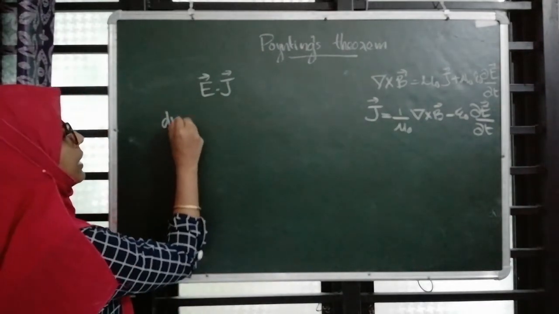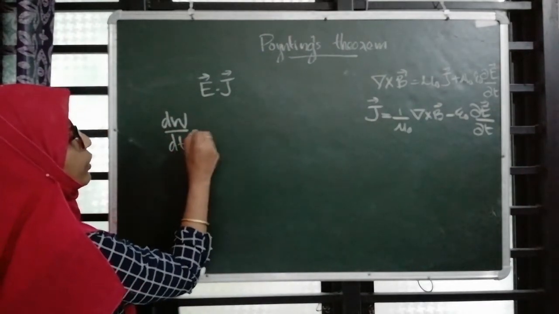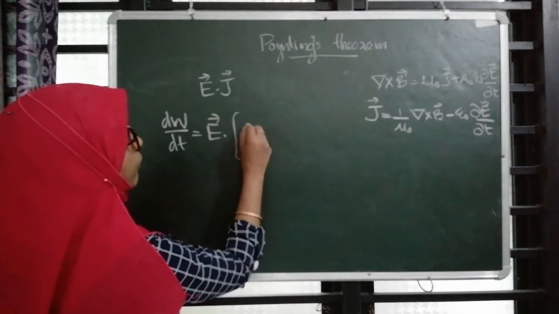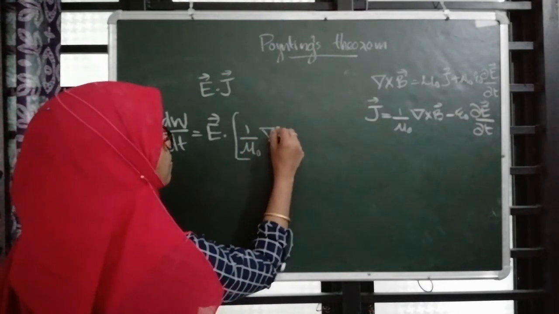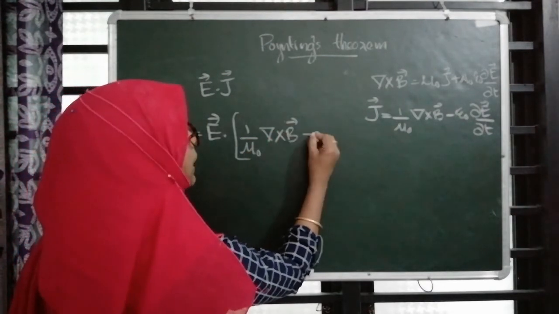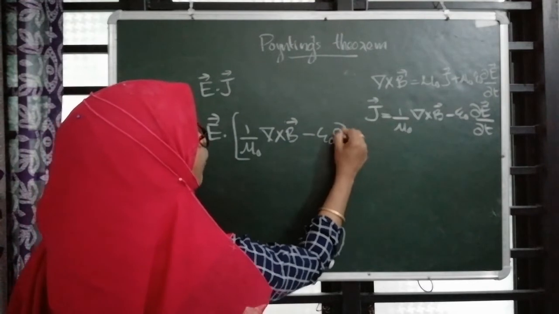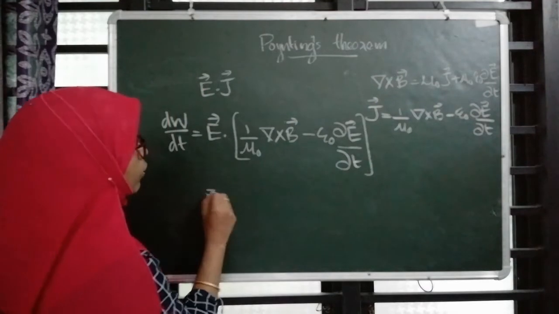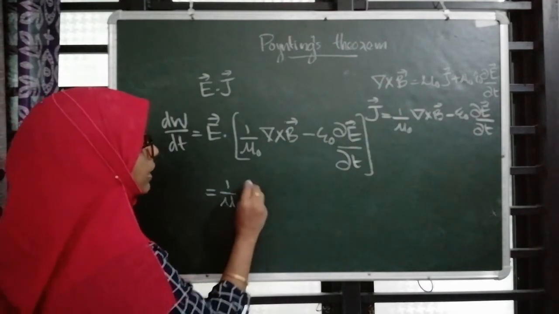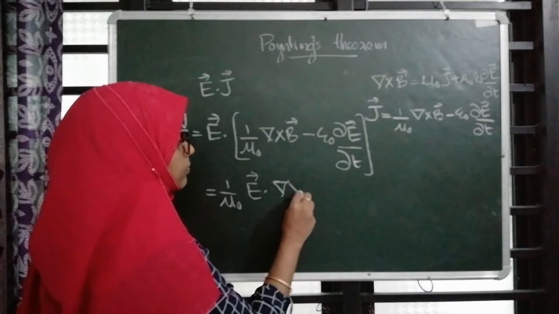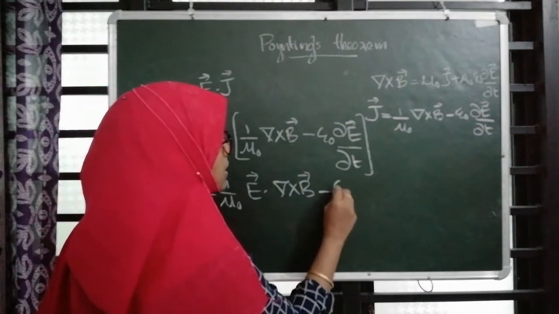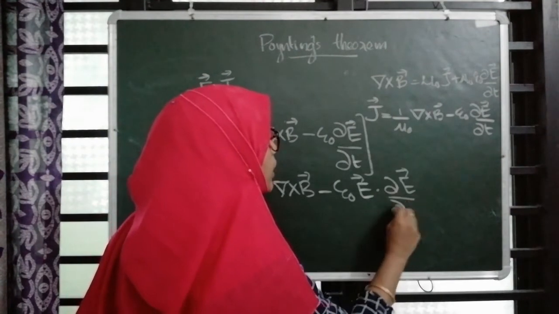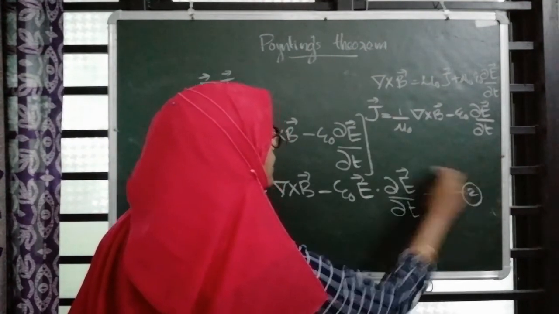That is dW by dt is equal to E dot 1 by mu 0 del cross B minus epsilon 0 dou E by dou T. That's equal to 1 by mu 0 E dot del cross B minus epsilon 0 E dot dou E by dou T, and call it equation number 2.